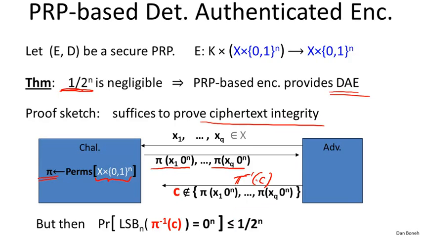So it isn't hard to see that the probability is at most 1 over 2 to the n, because basically the permutation is going to output a random element inside of X times {0,1}^n, and that element is going to end with n zeros with probability 1 over 2 to the n. And as a result, the adversary wins the game with negligible probability because this value is negligible.